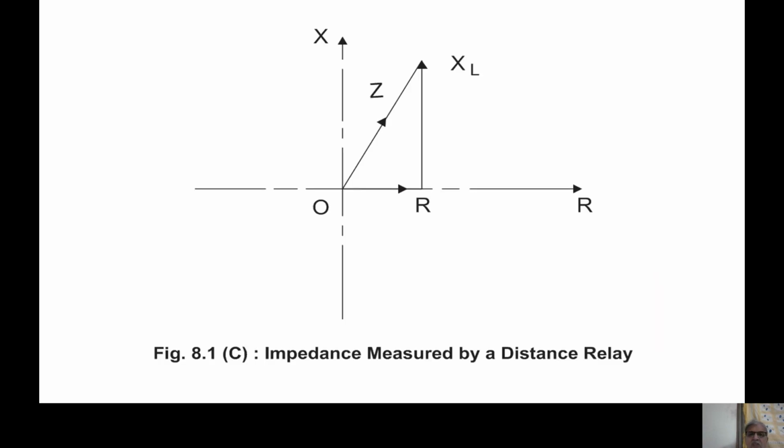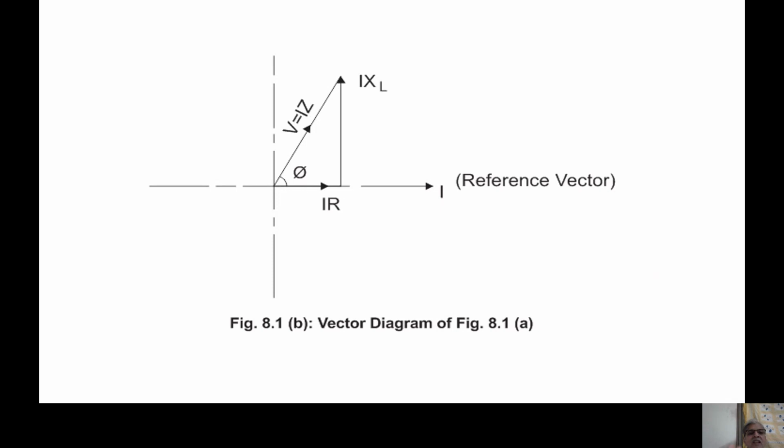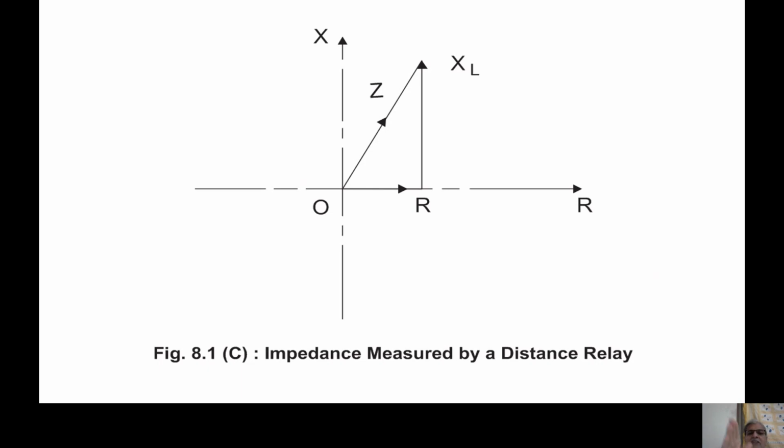Now going further, after all what I was doing, IR, IXL and IZ. If I remove I, then it is R, XL and Z. So R, XL and Z, this is known as the impedance triangle of a line. So Z is the impedance of the line. Which impedance? From relay to fault. O is the relay location and Z is the impedance up to fault.